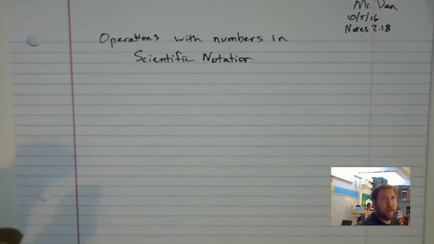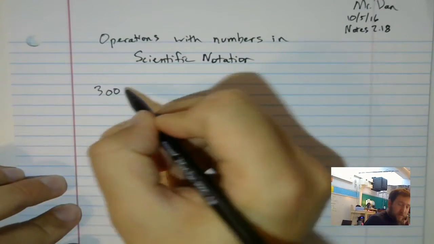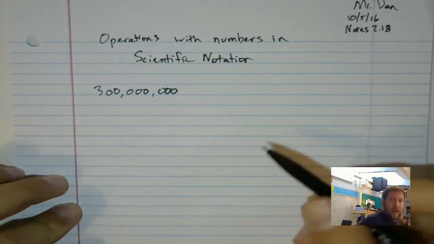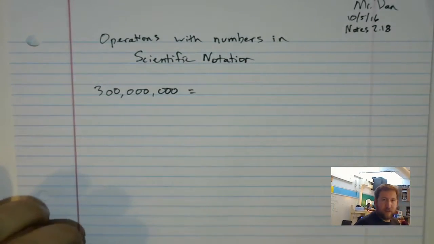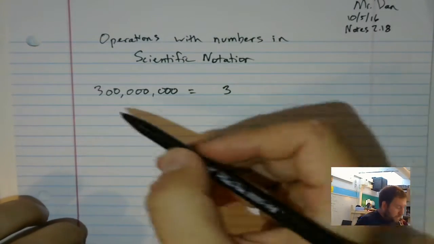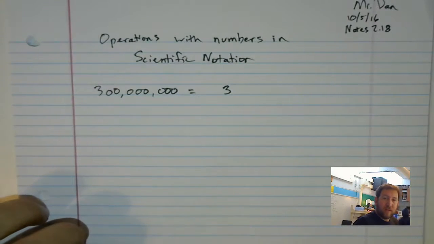Alright, so we've been talking about scientific notation, and the key here is remembering that scientific notation is a tool to make us use numbers and make them easier to write. So if I have a giant number like 300 million, instead of writing that out every single time, I can rewrite that in scientific notation. That makes it much easier for me. So I can write that again, remember, using just one whole number and using the rest of my digits and multiplying it by 10 to that power.